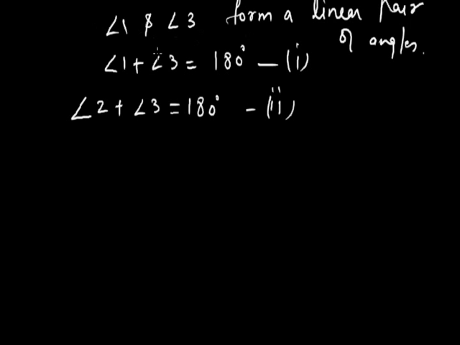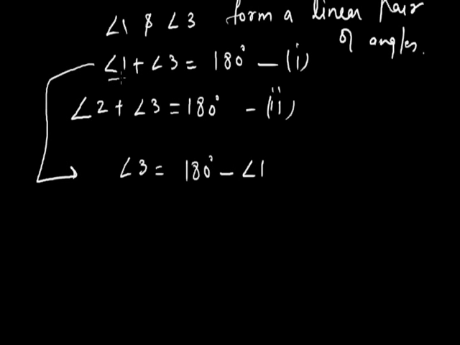Now, substituting the value of angle 3 from equation 1 in equation 2, from equation 1 I'll get angle 3 is equal to 180 degrees minus angle 1, because I have taken this angle 1 to the right hand side of the equation, and if it is in addition here, it will be subtracted when taken to the right hand side.